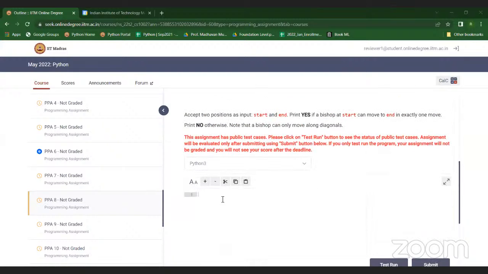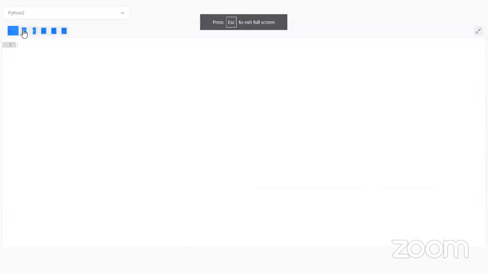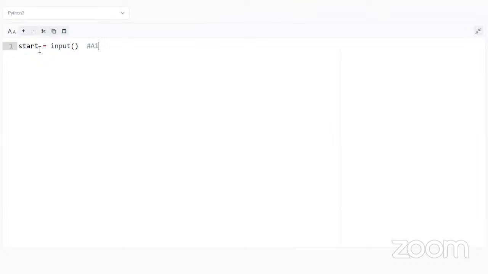See, the basic thing is, you're able to see my screen? Yes, sir. Start equals to input, right? Input is of this format, A1. So basically, the first character is an alphabet, second character is a number.